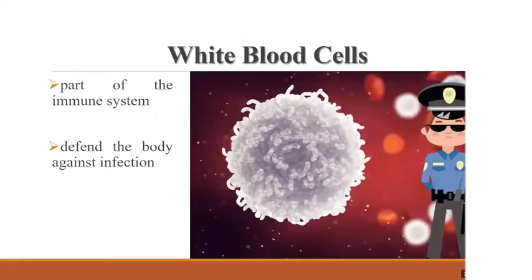Now we're going to talk about another type of cell, white blood cells. White blood cells are part of the immune system. They consume germs. How? Well, they surround the germs. And then they turn the germs into pus.